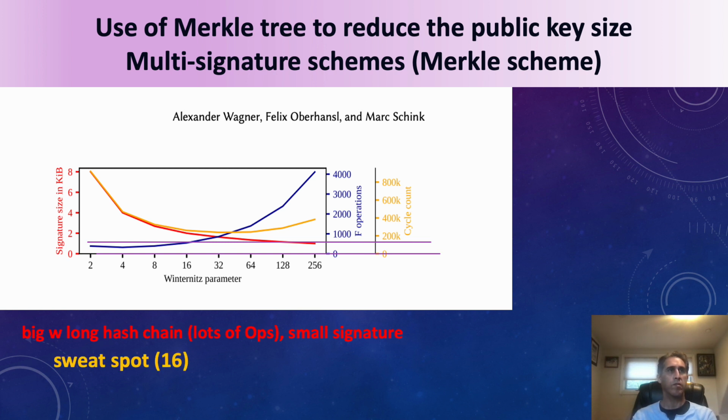In this case the sweet spot was 16. The other thing here is that this shows these algorithms could be further accelerated, and I'm going to talk about that a little bit in this next picture.